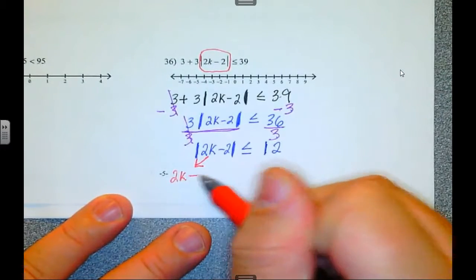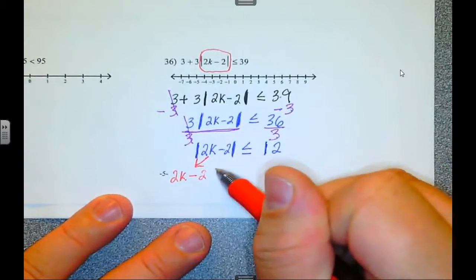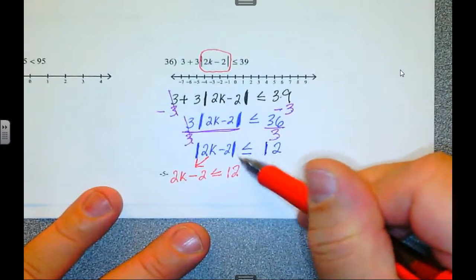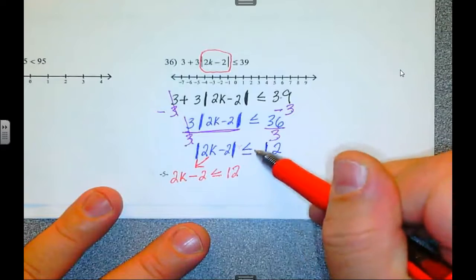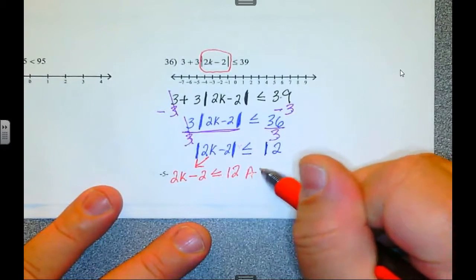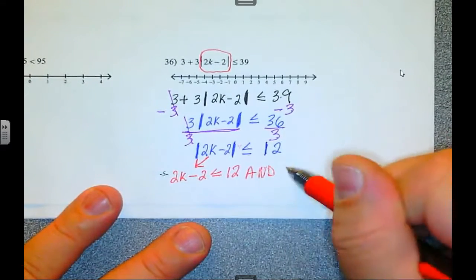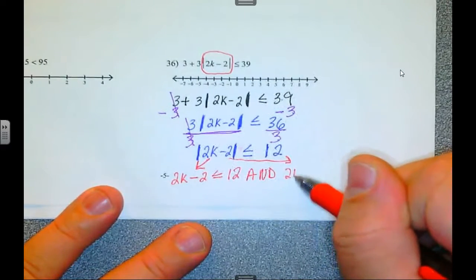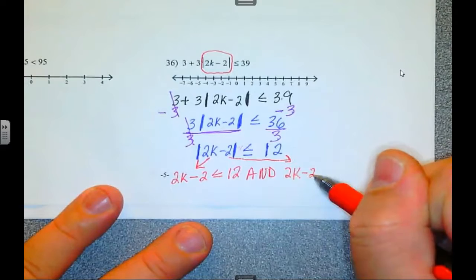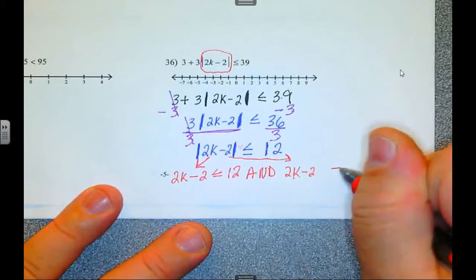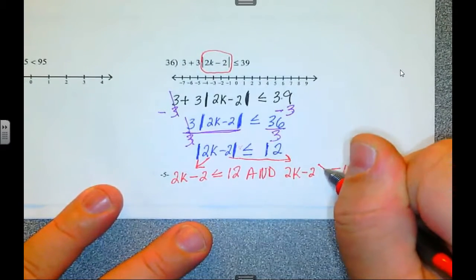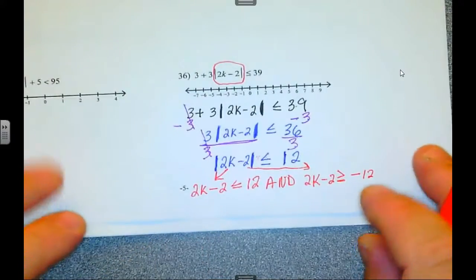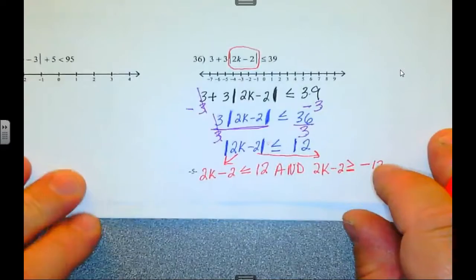2k minus 2 is less than or equal to what's there. This is a less than or equal to, so it's an and statement. Take what's inside, 2k minus 2. Take the opposite of what's there and flip my sign. Looks like I'm still going to run out of room.